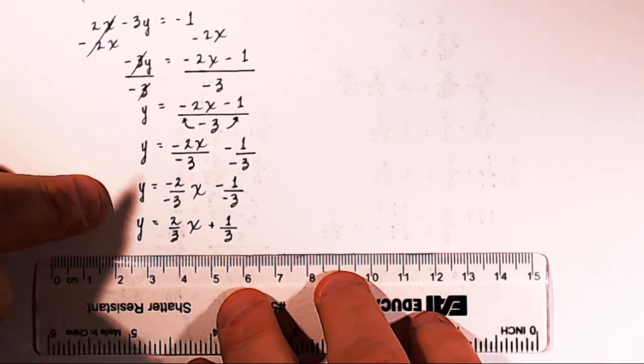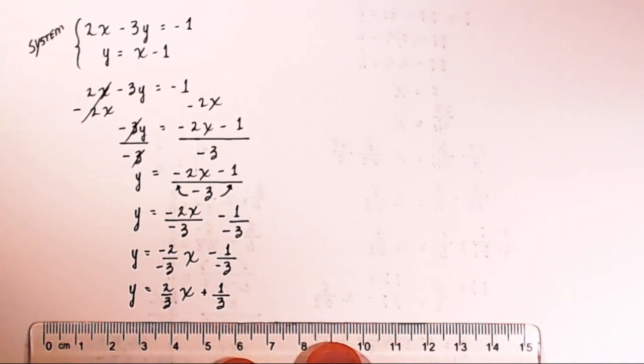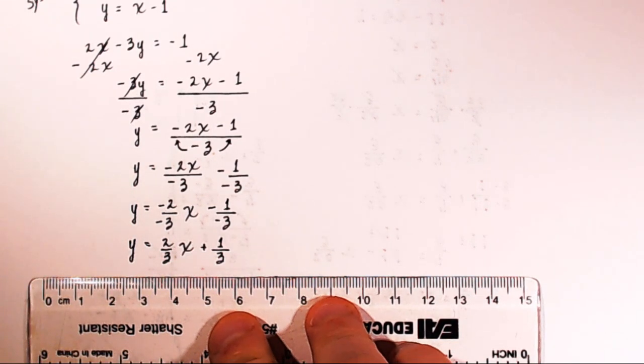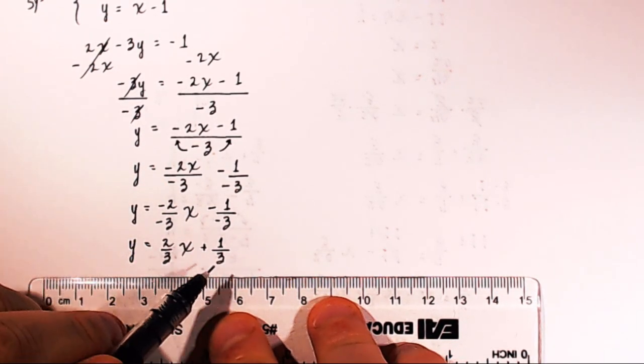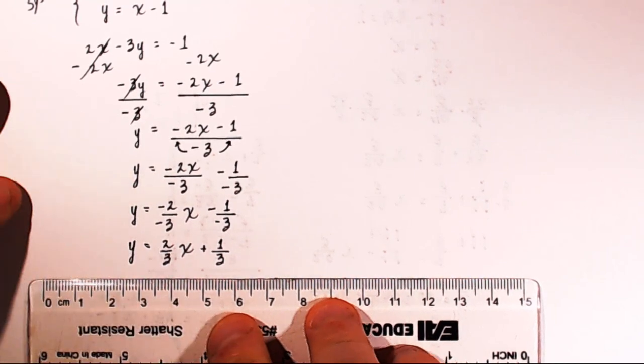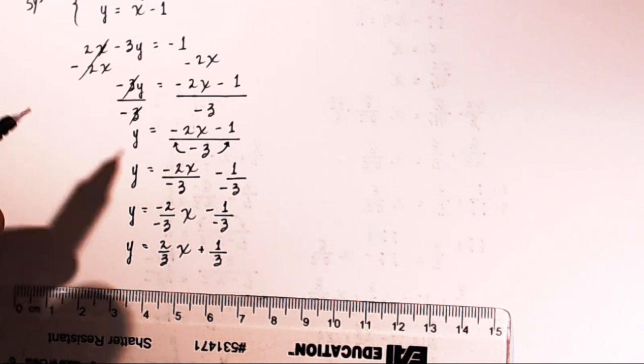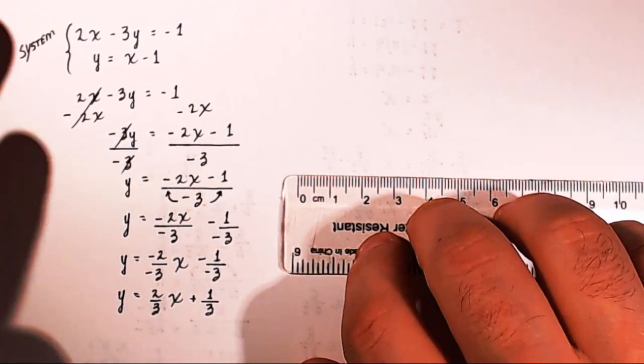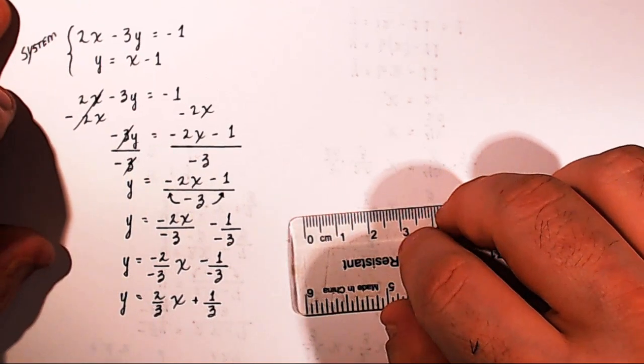And now I have rewritten the first equation from standard form into slope-intercept form. There's the slope, there's the y-intercept. Okay, so if you were going to graph this line, you would need to get this in order to graph it. Well, now let's substitute. Let's set these two equations equal to one another and solve.